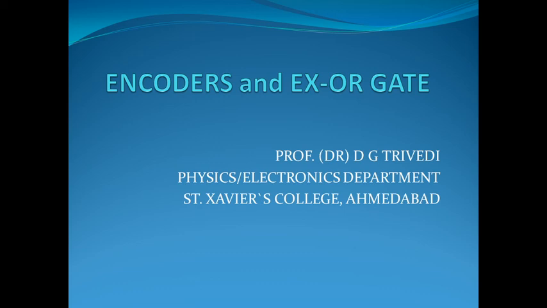Decoders mean decoding the code or the number system into something which the normal person can understand. The computer or digital system understands binary, hexadecimal, octal number systems, or some kind of number system in the form of 10, while a normal person understands the decimal number system.